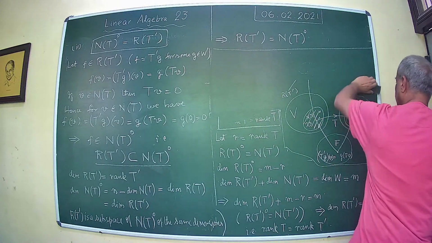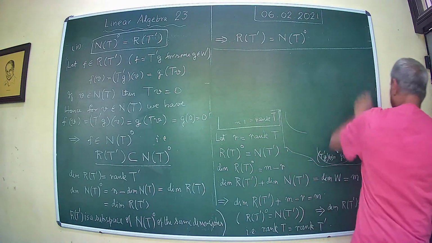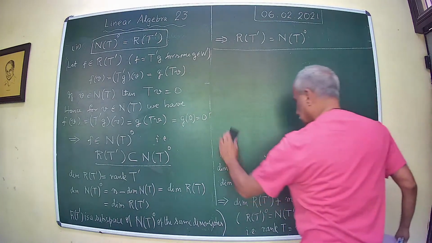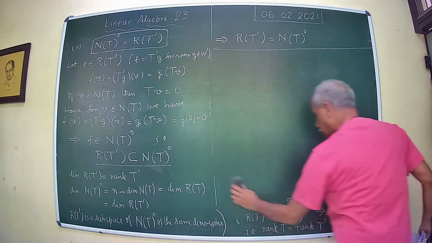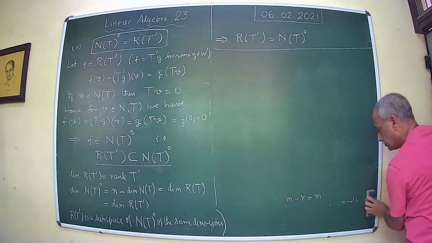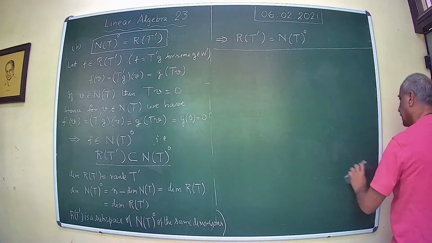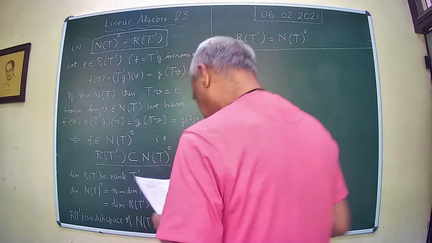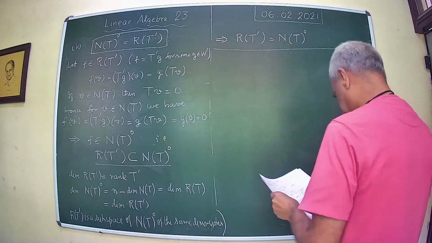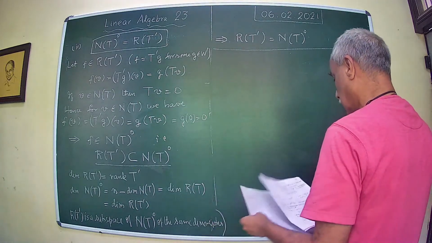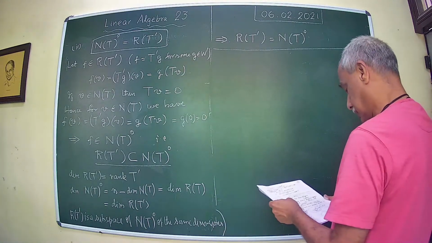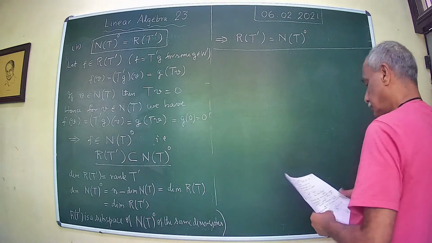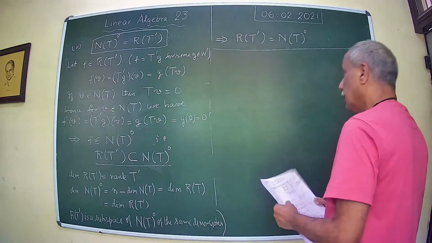Now we want to look at the consequences. See, one of the interesting consequences of this is a solution to what is called the Fredholm alternative theorem. Okay, let us look at this scenario.